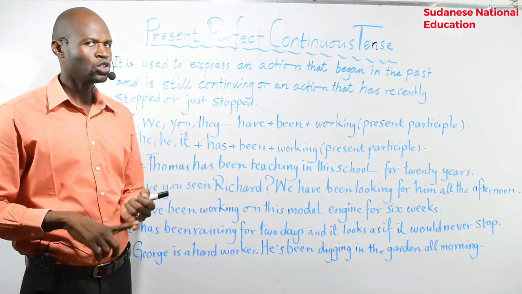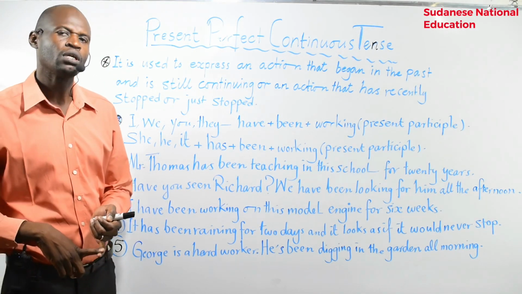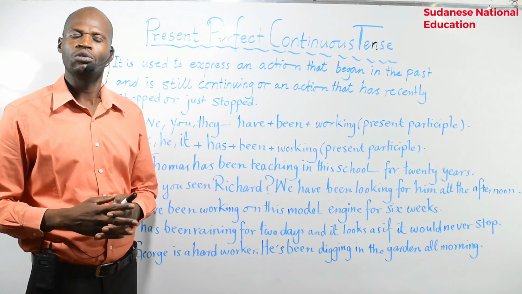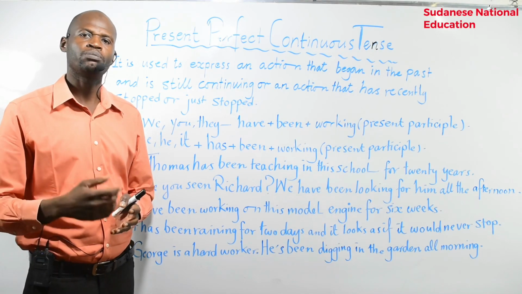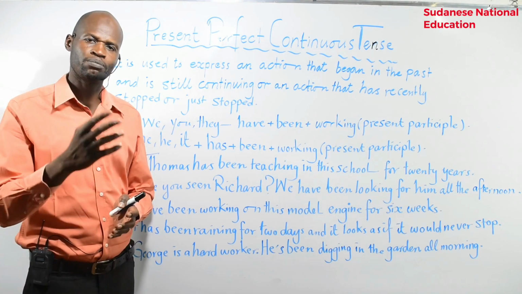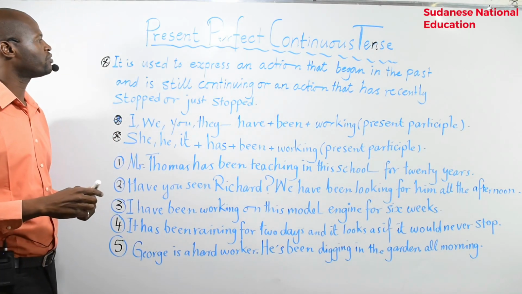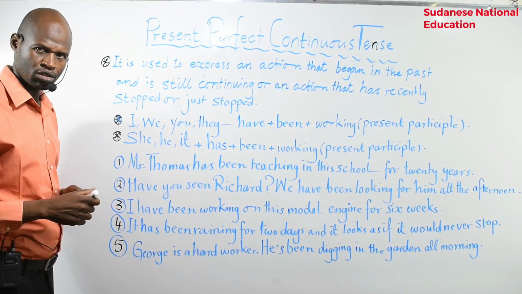So we'll see the situation in which we use present perfect continuous tense, and also we'll show the differences between present perfect tense and present perfect continuous. Let's see here, we have the definition or the rule.